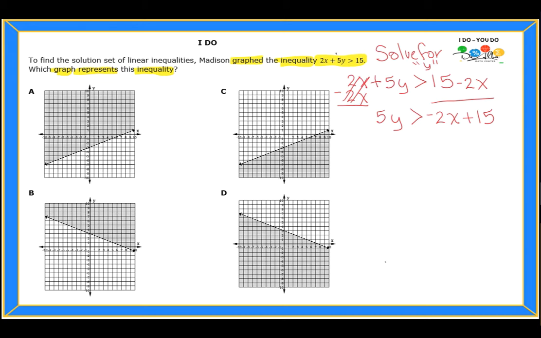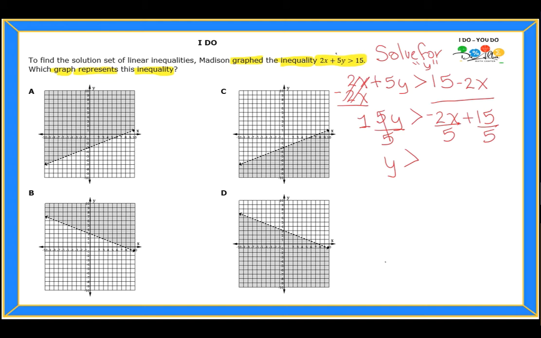What I need to do next is I need to get rid of the coefficient 5, which is multiplying the y. Therefore, I need to divide by 5. Notice how I am going to divide by 5 each term on the right side. And 5 divided by 5, it's 1, which means 1y, but I can just write down the y by itself.